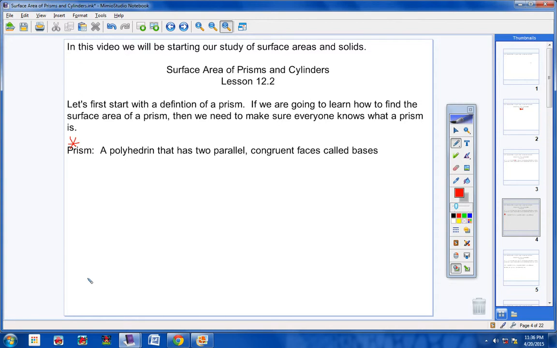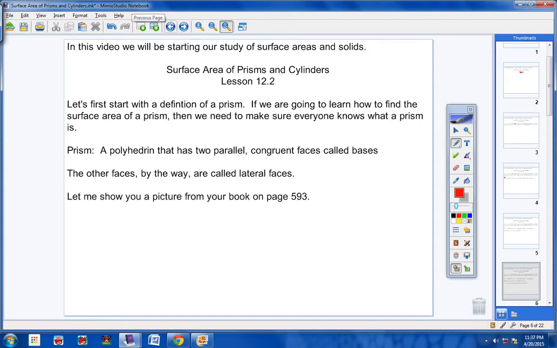A prism is a polyhedron that has two parallel congruent faces called bases, okay? And I will give you a picture of this here in a couple seconds so you'll understand better what I'm saying, okay? And by the way, the other faces are called lateral faces. I would make note of that in your notes, okay?